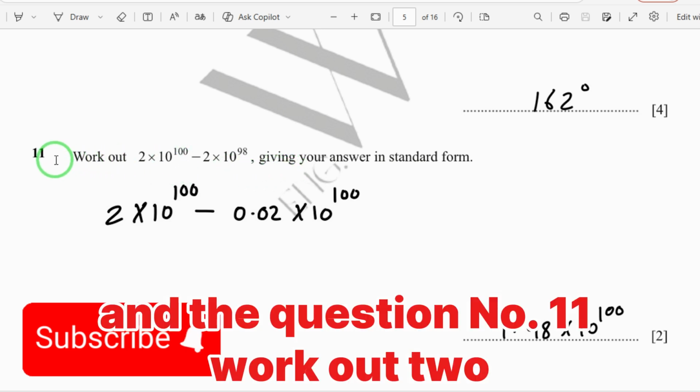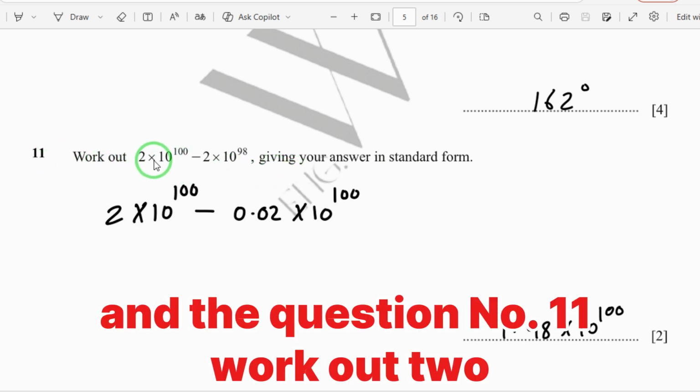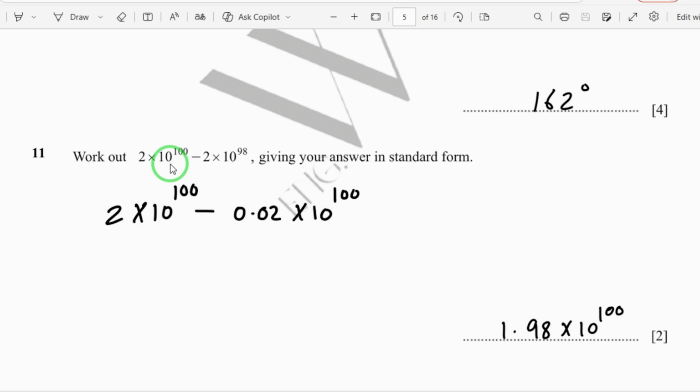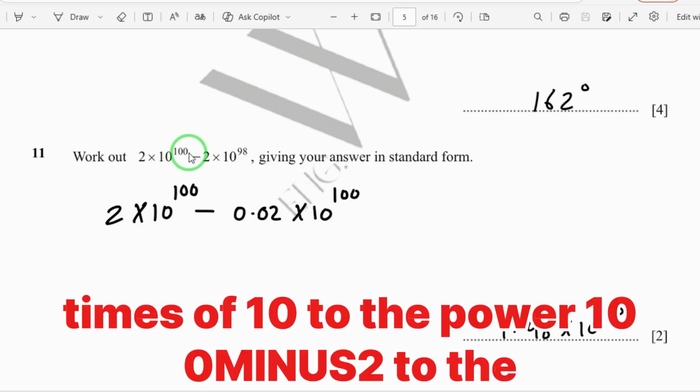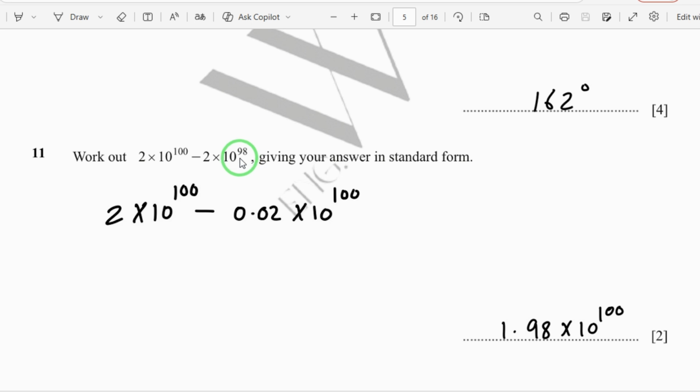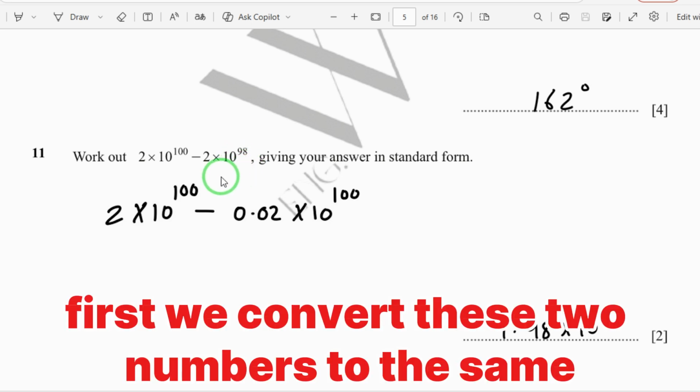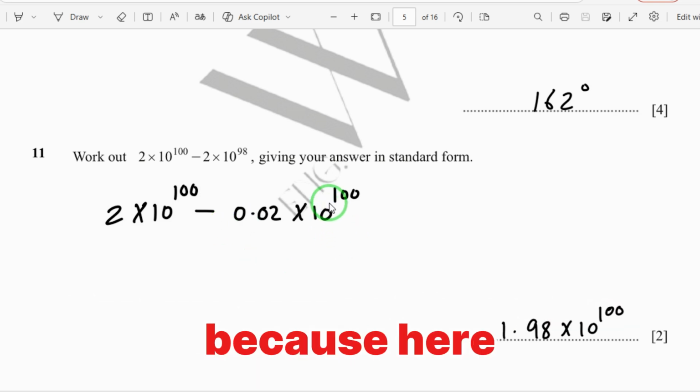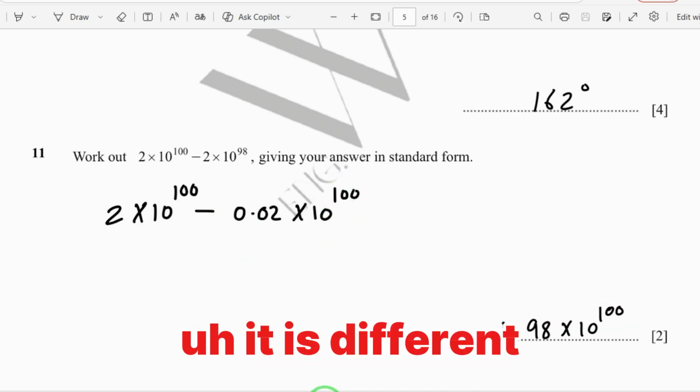And question number 11. Work out 2 times 10 to the power 100 minus 2 multiplied by 10 to the power of 98. First, we convert these two numbers to the same power, because here it is different.